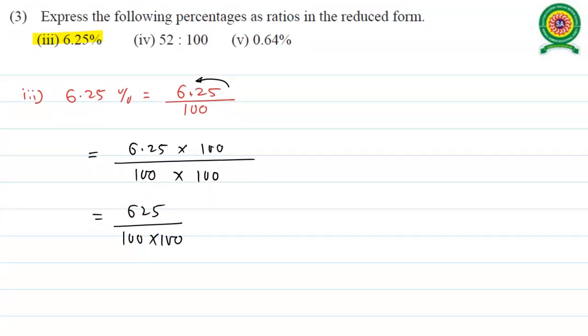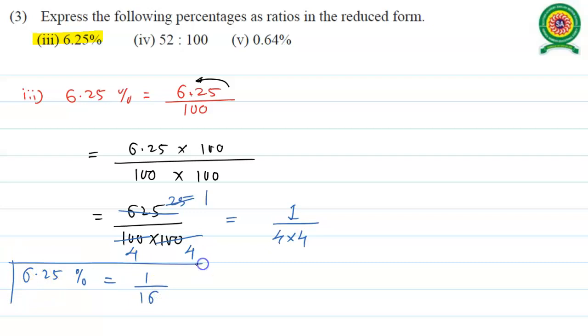Now we have to convert it to the least form. 25 times 25 is 625, and 25 times 4 is 100. Now 25 ones are 25, again 25 fours are 100, so the numerator remains 1 and the denominator is 4 into 4. 4 fours are 16, so 6.25% in reduced form is 1 upon 16, or you may write 1 is to 16.